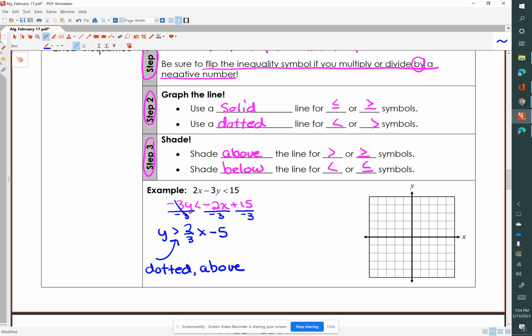So we start with the y-intercept, which is -5, and we have a slope of 2/3. So rise of 2, a run of 3, a rise of 2, a run of 3. And we need to make a dotted line, put arrows, and then we will shade above the line.